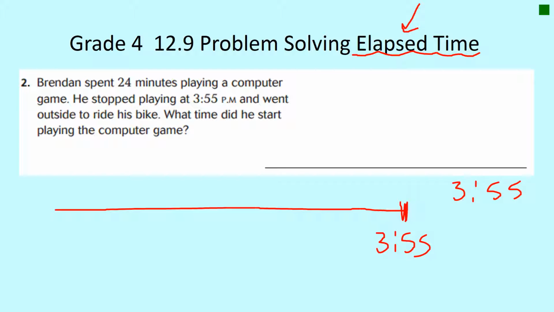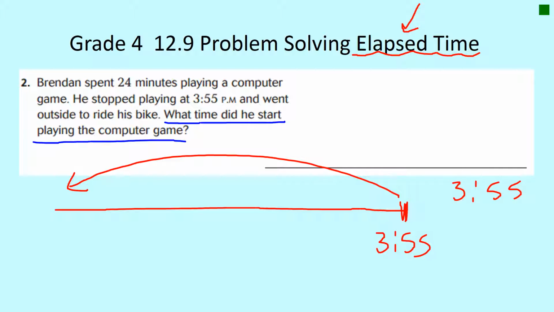So if I go backwards 24 minutes, I will be able to answer the question, what time did he start playing the computer game? So I'm going to go backwards. 3:55 minus 24.